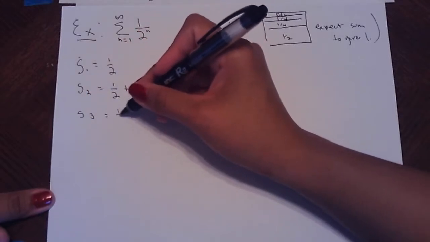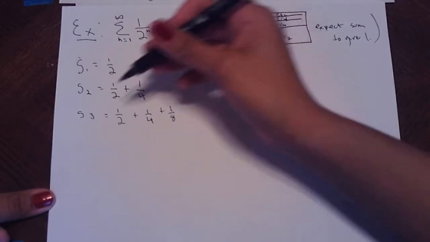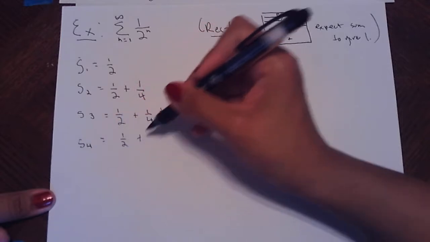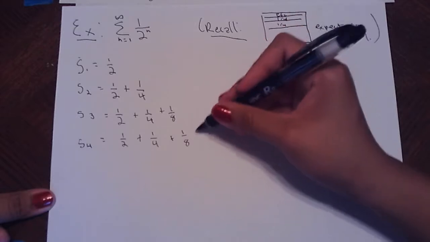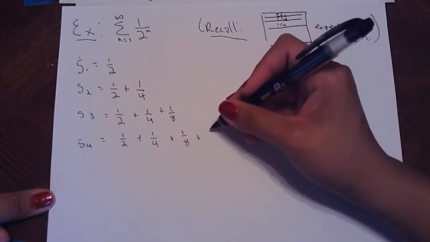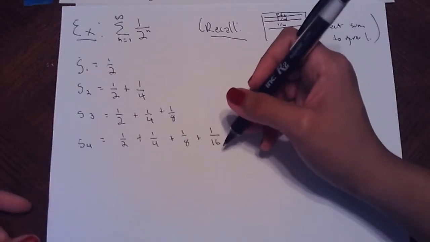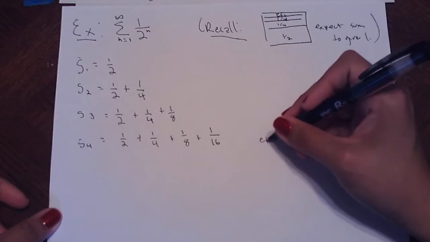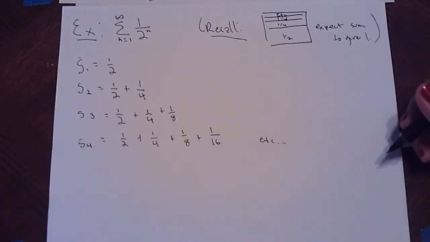S3 is a half plus a fourth plus an eighth. S4 is a half plus a fourth plus an eighth plus, with the 4 in the denominator, 1 over 16. And we can keep going here, right? If I keep filling these out I'll get my pattern.